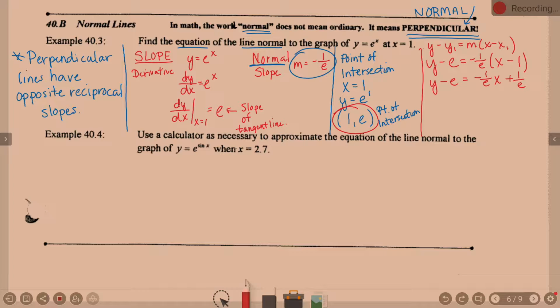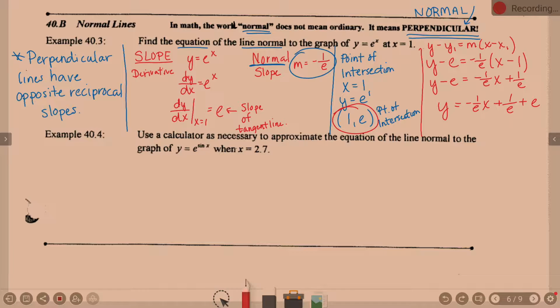How do I solve for y? Yeah, if it's y minus e, we're going to add e. So then y equals negative 1 over e x, and then I'm just going to write plus 1 over e plus e. The only way you can add 1 over e and e, I guess there's two ways.